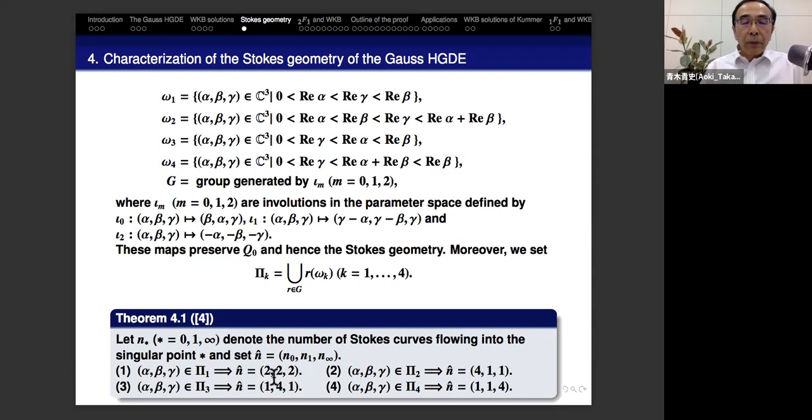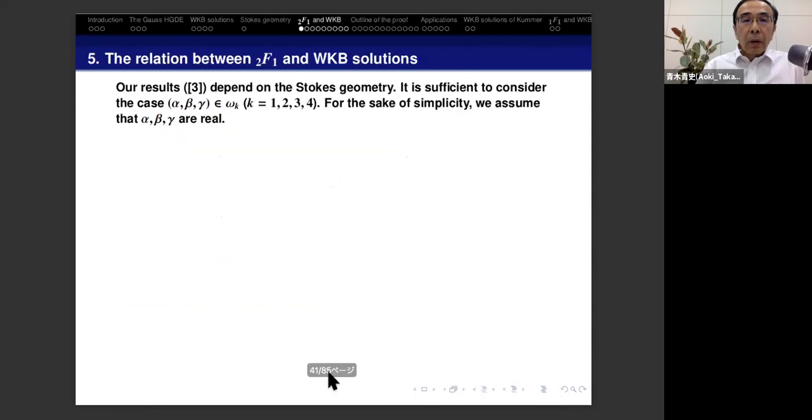This means that two Stokes curves flow into each singular point. Our main result.